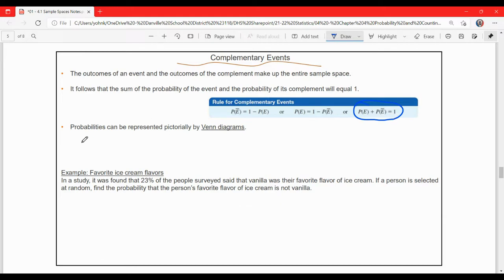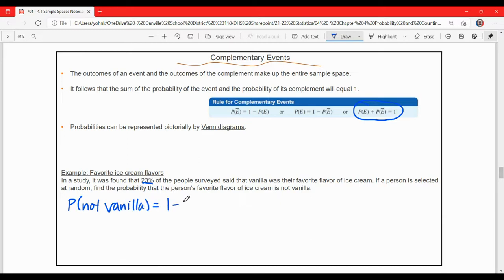The next example says, in a study, it was found that 23% of the people surveyed said that vanilla was their favorite flavor of ice cream. If a person is selected at random, find the probability that the person's favorite flavor of ice cream is not vanilla.